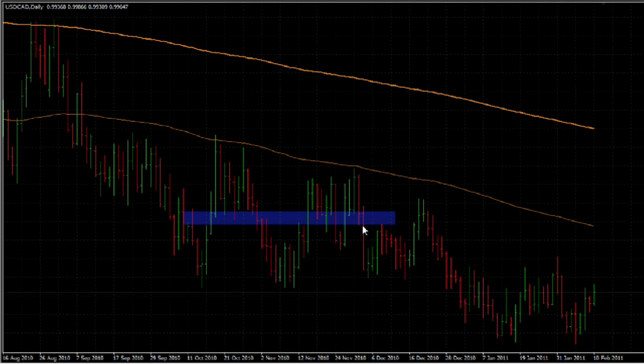Where is price likely to find trouble once it breaks this area? Would you say that these bar lows in here would come into play? Well, they sure did. If you go down to a lower time frame, you'll probably see a candle or two, a bar or two holding up here before we had this breakout to the downside, but we did eventually.